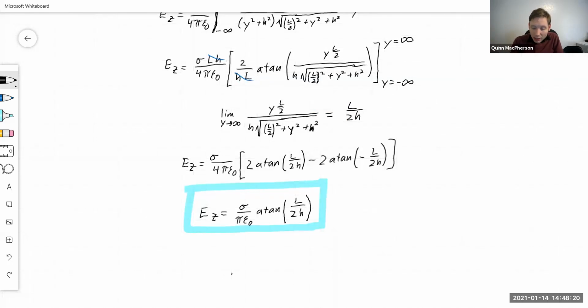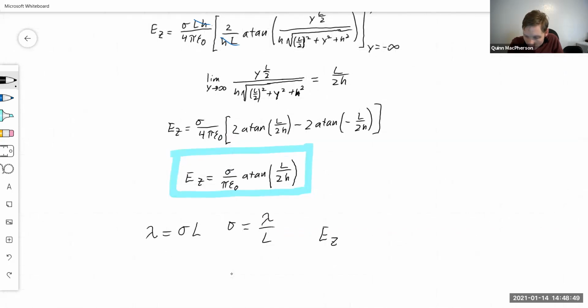Mathematically, how you do that is you say, well, lambda, the charge per unit length along the strip, or length along the line after it becomes a line, is sigma times L, or in other words, sigma is lambda over L, where L is the width of the strip. So if we plug that in, we get E_z is equal to lambda over pi epsilon naught L arctan of L over 2h.